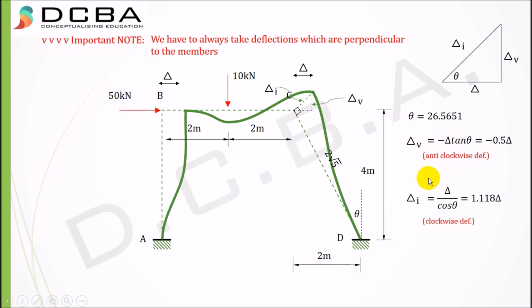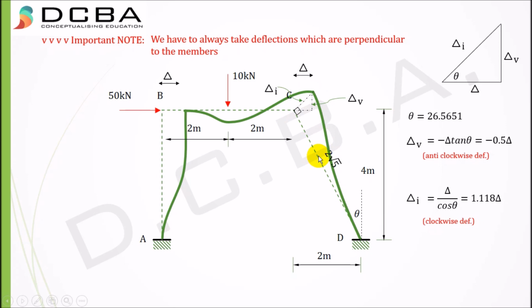Then comes delta I, which is equal to delta by cos theta. It's simple trigonometry here, nothing much. So delta by cos theta equals 1.118 delta, and this is a clockwise deflection. Now why is it a clockwise deflection? Because this point C has got an inclined deflection like this, and this is the original axis of my member, and now after displacement my member is displaced in a clockwise manner.